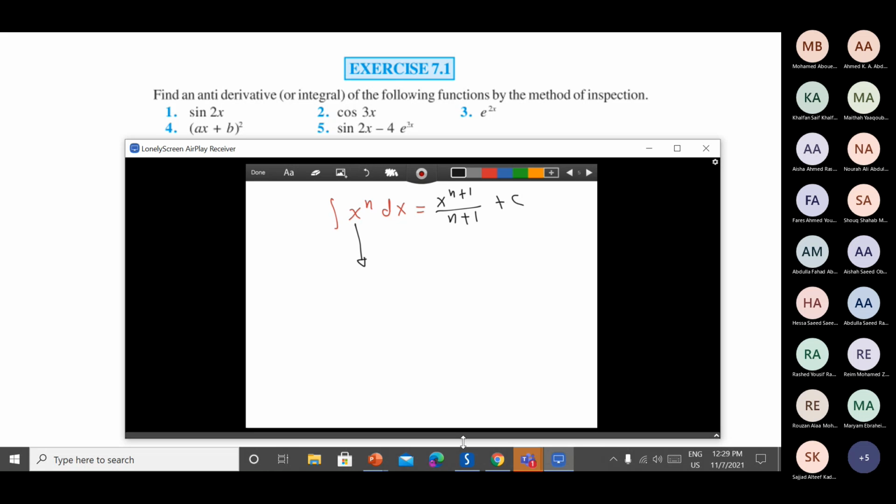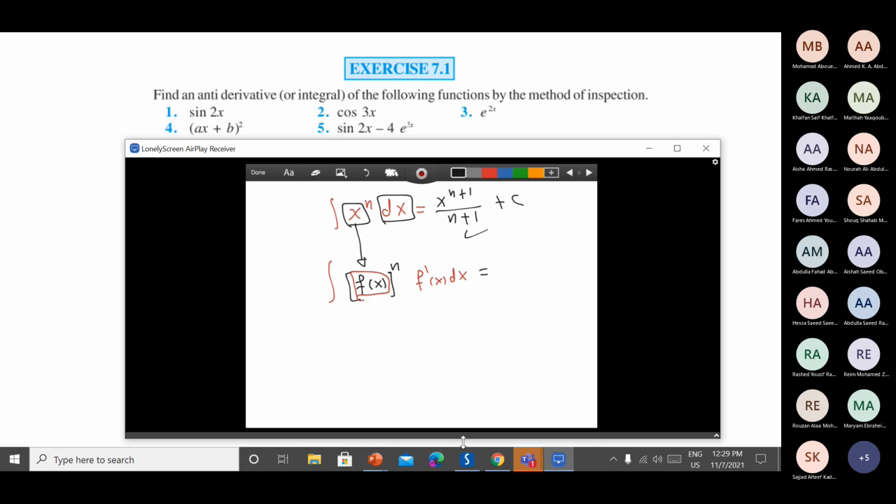If I replace x by any function of x, and I still have a power here, and I am integrating this one, so when I have x here, I have dx here, the derivative of it. So when I have f of x, I'm supposed to have what outside? The derivative of this one. So it is f dash.